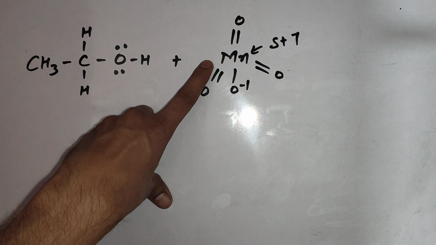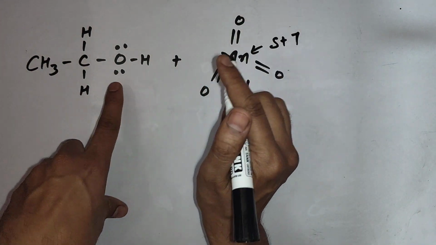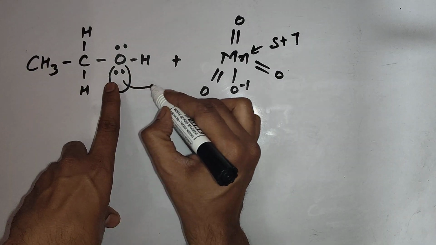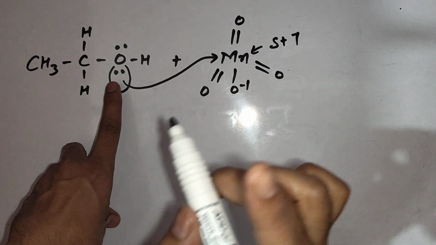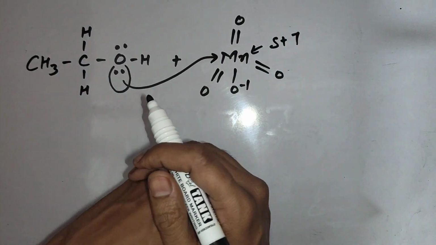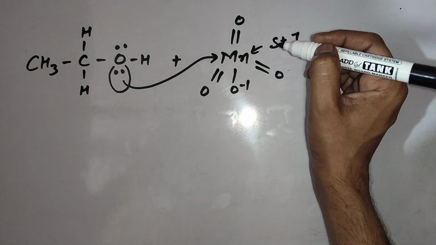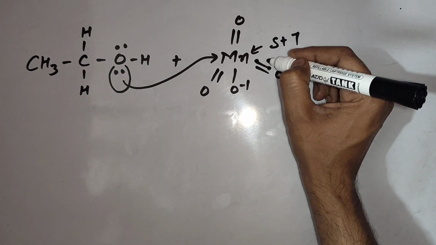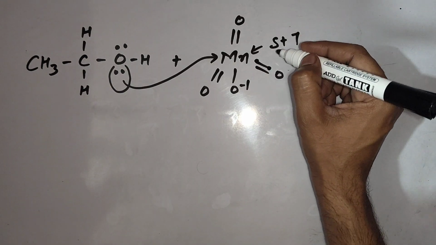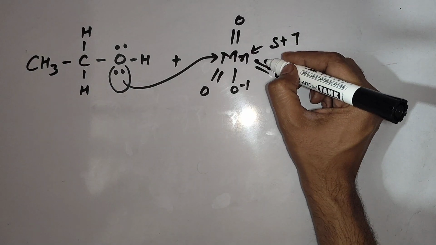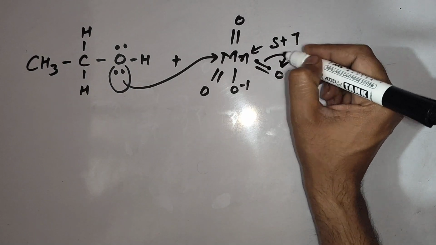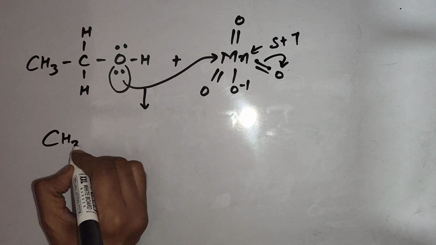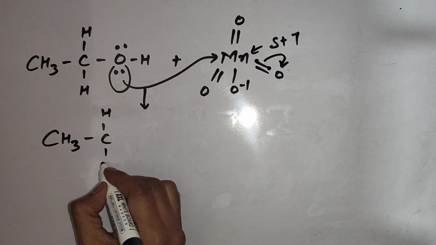Due to this positive charge, the lone pair available on the oxygen of the alcohol will start attacking on Mn. This is the first attack, the start of the reaction. As you know, Mn can make a maximum of 7 bonds, so obviously out of these 7 bonds, one bond will break. Which bond? A pi bond, because pi bonds are easily breakable. And these pi electrons will shift toward oxygen because oxygen is more electronegative than Mn.